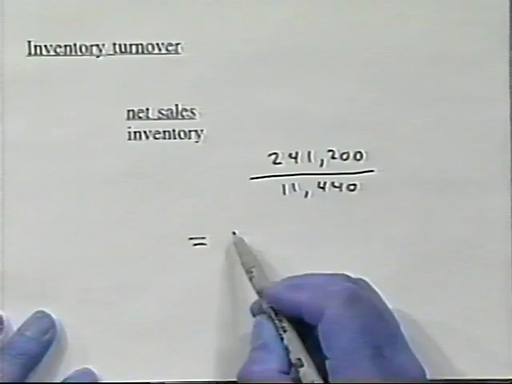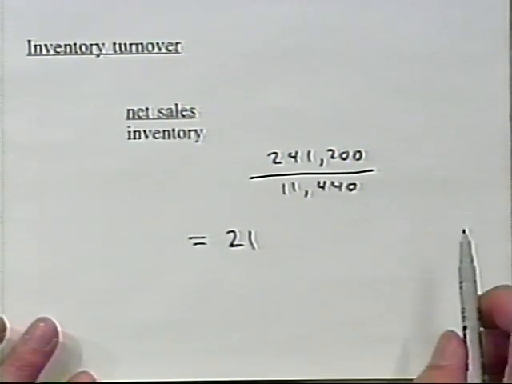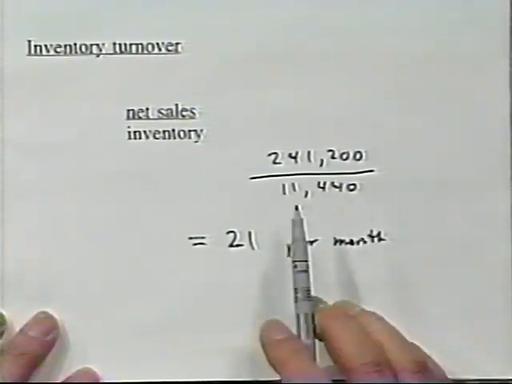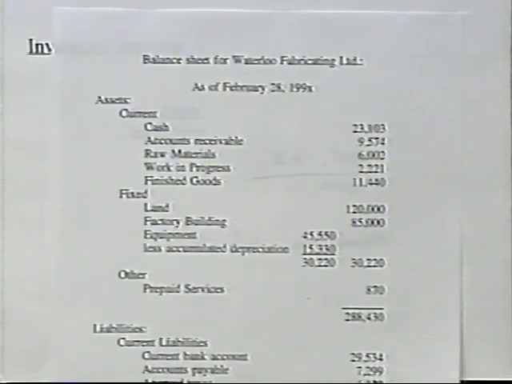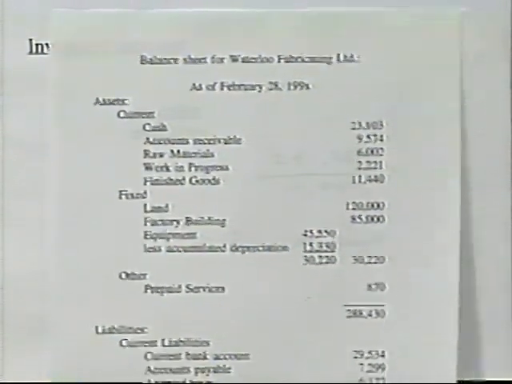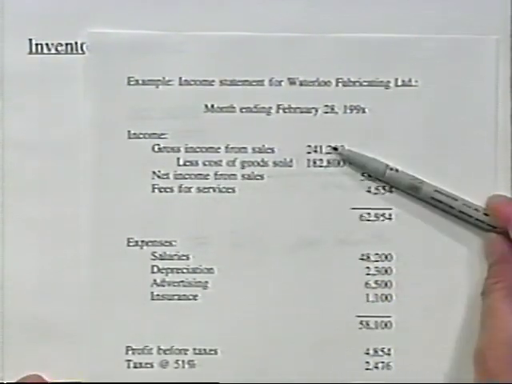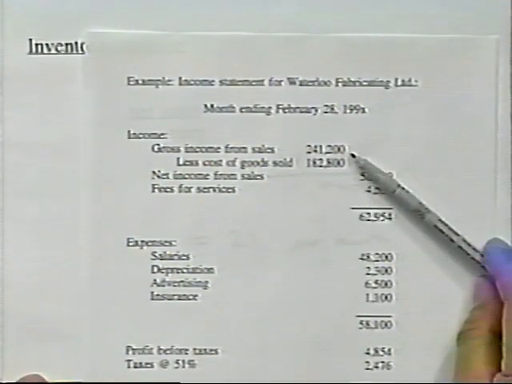And the answer is 21. It's 21 per month, because we're actually using information from both the balance sheet, which is a point-in-time piece of information, and the income statement. This gross income from sales, which is the net sales used for the ratio, is over a month.